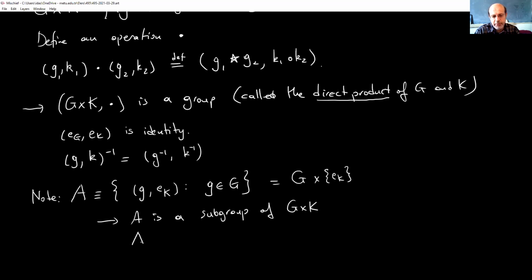And moreover, it is isomorphic to the group G.